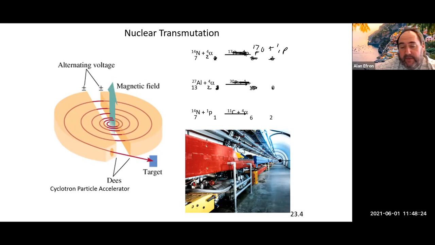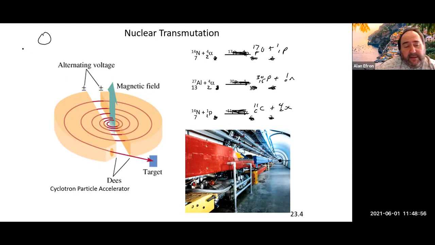When you bombard something, it may become very unstable and go through fission reactions. This is a way to produce unstable elements that will go through a fission reaction. This is sometimes referred to as transmutation.